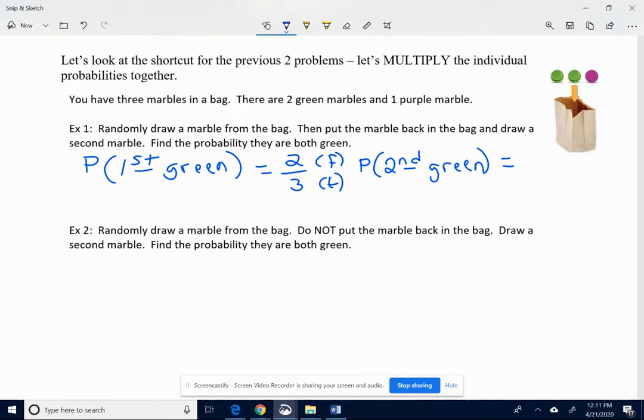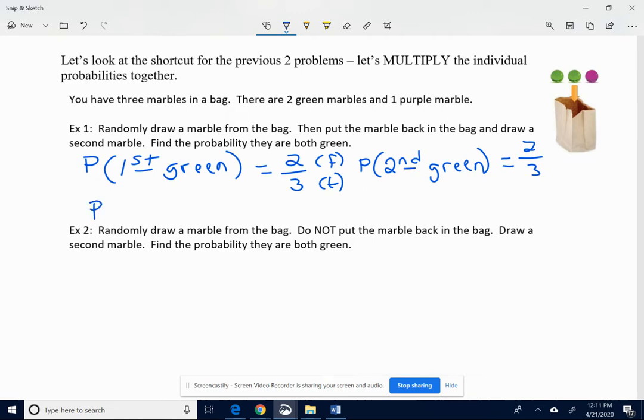Now keep in mind we put the marble back for the second draw. So for the second draw, we have the same marbles again, the same exact marbles we had the first time. So the probability of the second one being green would also be 2 favorables, 2 greens, over 3 total. So I found the individual probabilities separately.